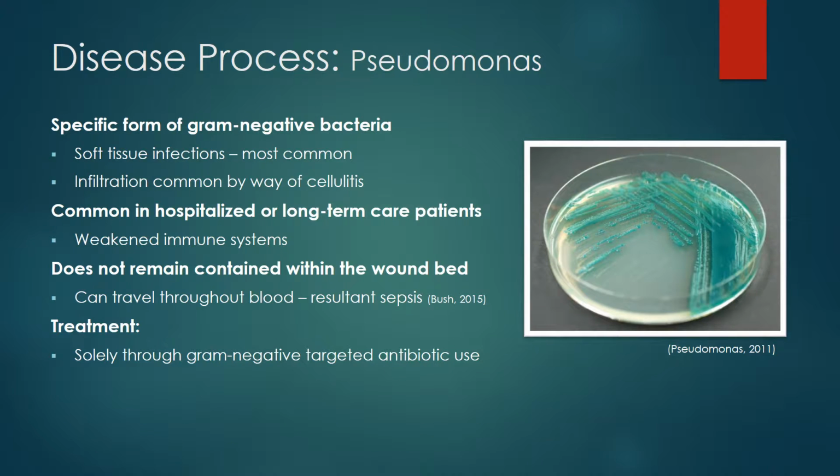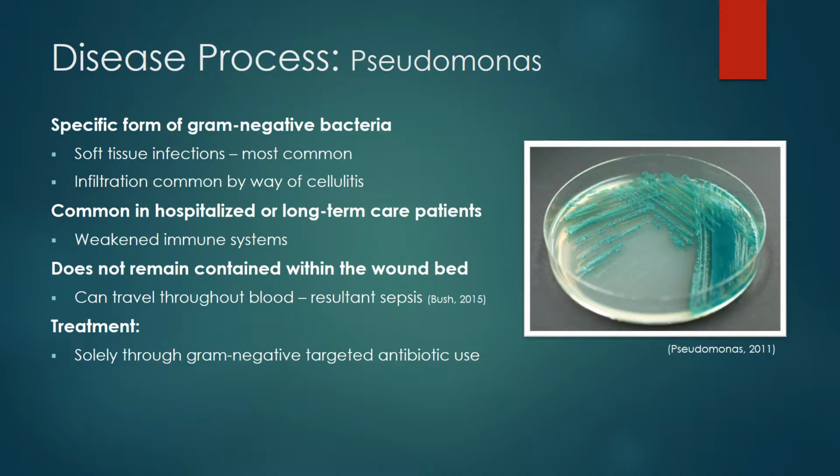So Pseudomonas is another gram-negative bacteria. It is closely related, similar to cellulitis, and that infects the soft tissues of the skin most commonly. And it is typically found within the wound beds of patients who have cellulitis.